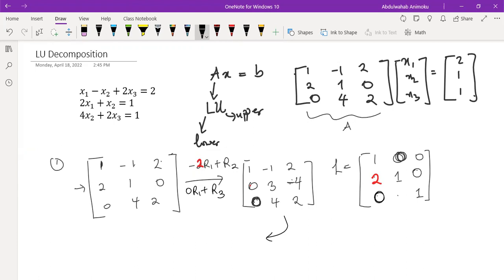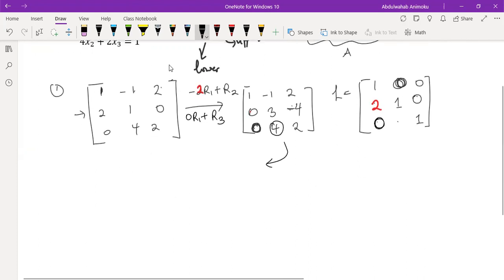Now let's look at the next one. This is the next entry that we have to change. We have to eliminate that part to make it 0. In order to do that, we are going to use R2. The right multiplier is minus 4 over 3, so minus 4 over 3 R2 plus R3. Now, how did I get this?